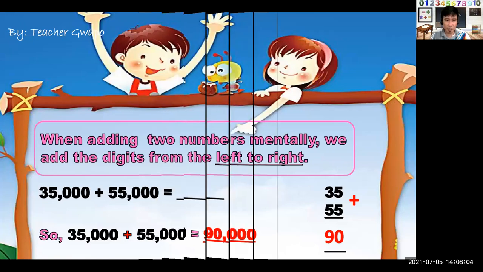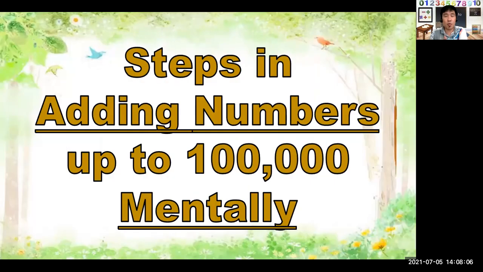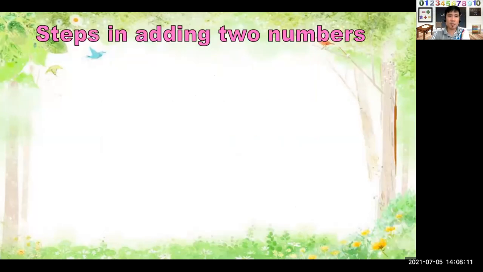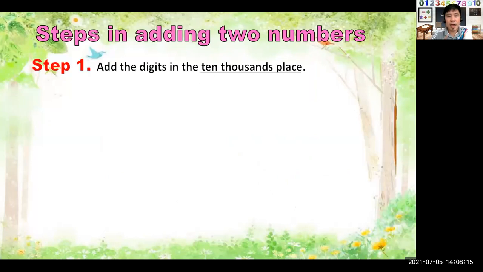Now let's continue. Here are the steps in adding numbers up to 100,000 mentally. Step number 1, add the digits in the 10,000s place. If the number is up to thousands place, we will start from the thousands place. If the number is up to 3-digit numbers, we say it is up to hundreds place.